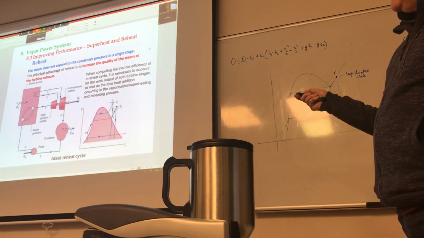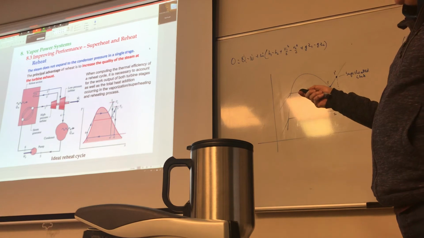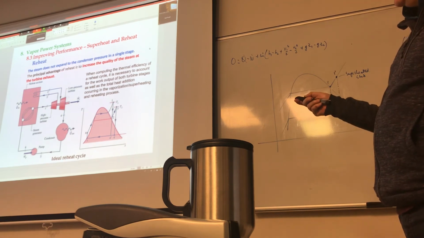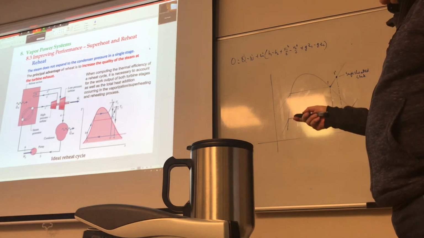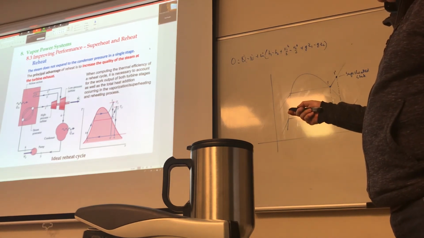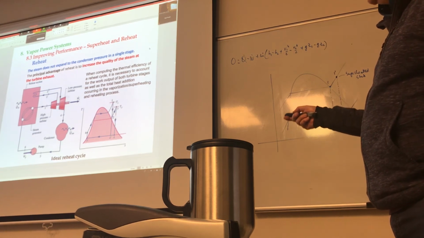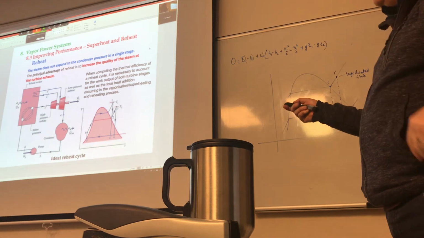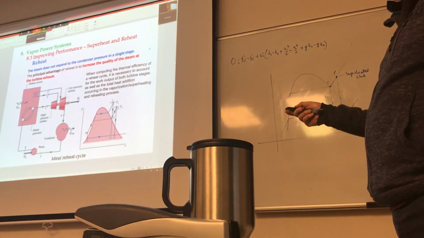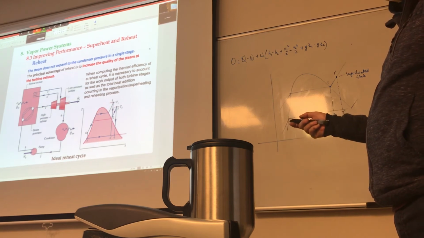So when computing the thermal efficiency, the steam does not expand to the condenser pressure in a single stage. The principal advantage of this is really just an increase in the quality. You see, instead of just dropping down directly to 4 prime, by reheating, I'm just pushing it a little bit to the right. Okay? So it's really an increase in the quality of the steam at the turbine exhaust. And then everything else stays the same.